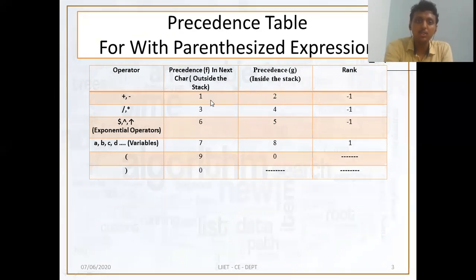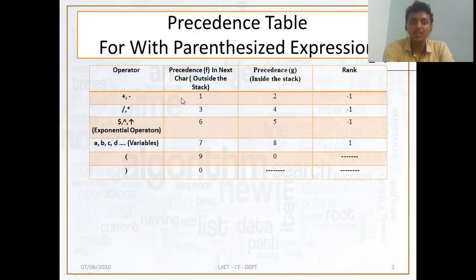Students, how to remember this table is very easy. The first column shows the operators or symbols, the next column shows the precedence outside the stack, the next column shows the function g that shows precedence inside the stack, and the last column shows rank.